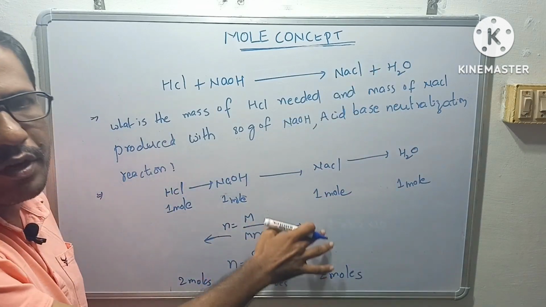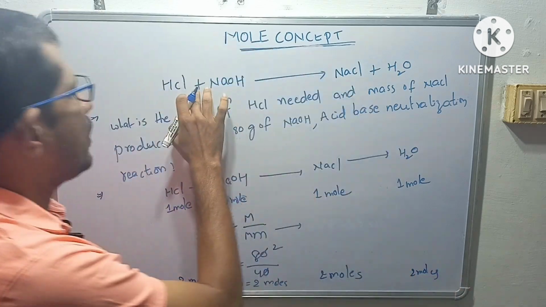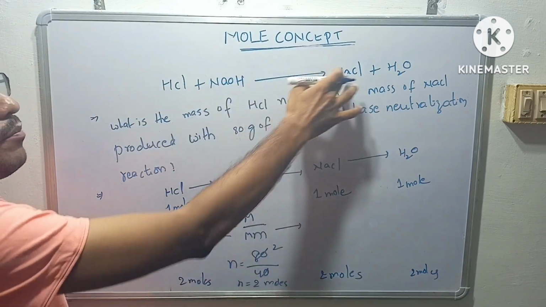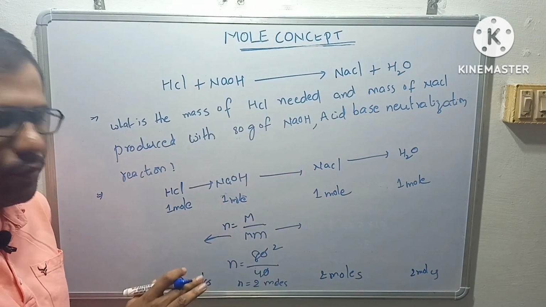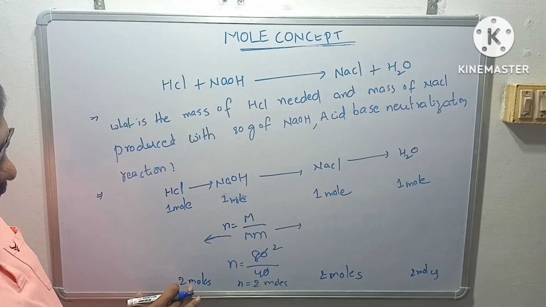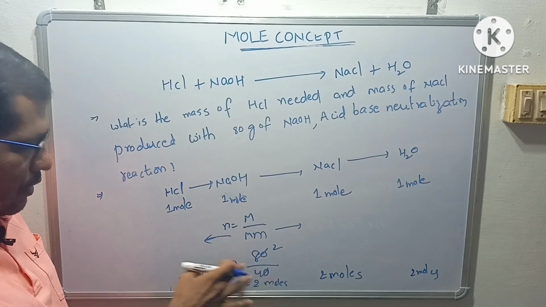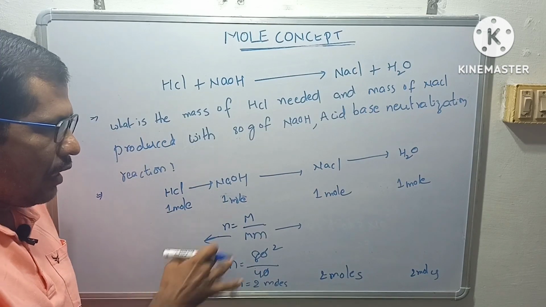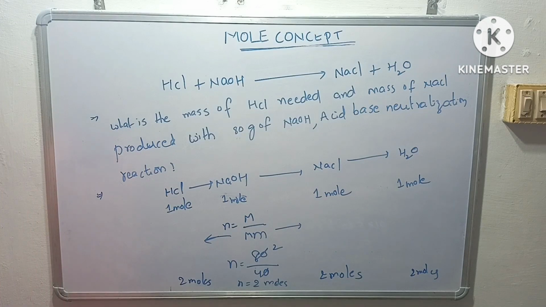So 2 moles of NaOH produces 2 moles of water molecule. Here I am not mentioning the states, just giving the raw reaction and solving the problem. So finally what we got: 2 moles of NaOH requires 2 moles of HCl and produces 2 moles of NaCl and 2 moles of water molecule.